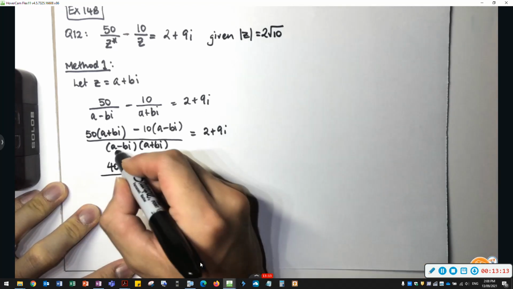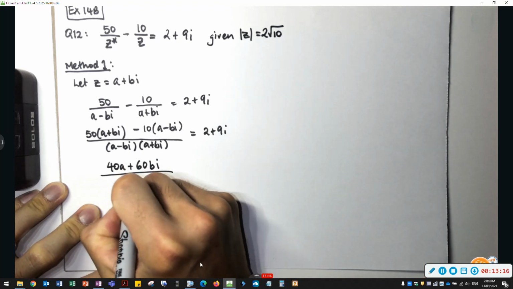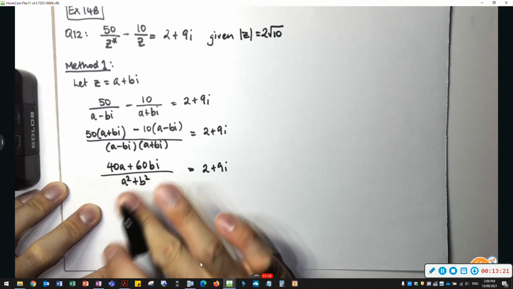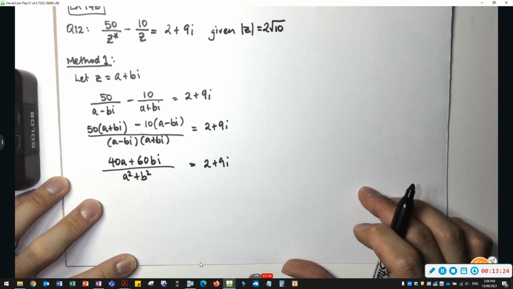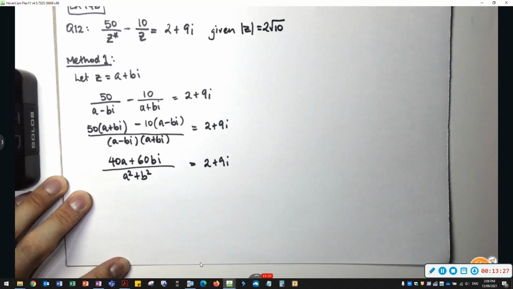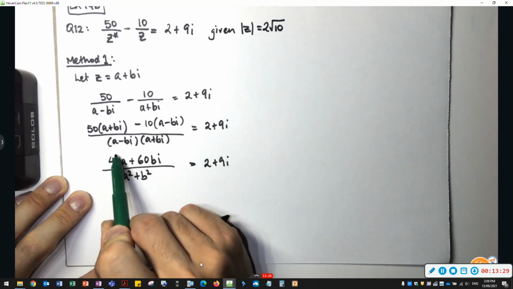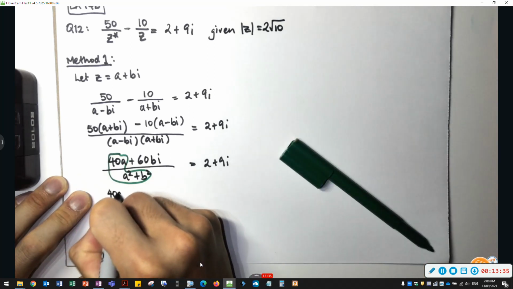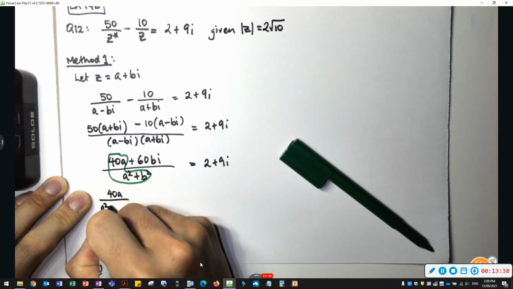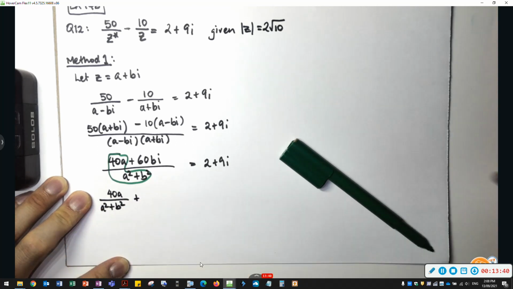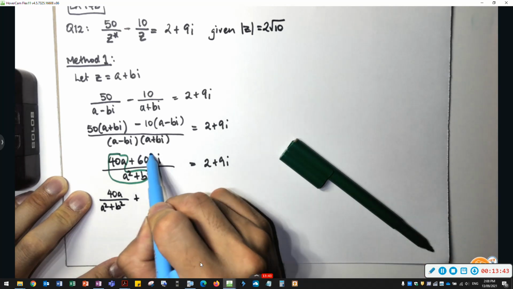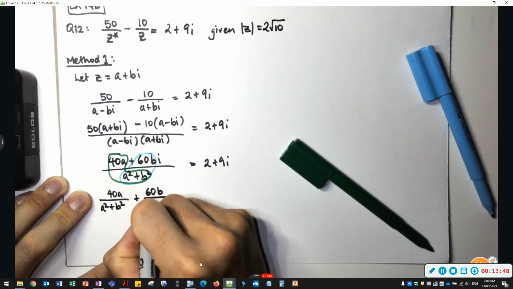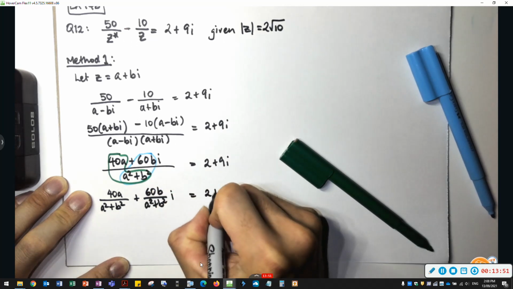The bottom part is going to be a squared plus b squared. 2 plus 9i. Now I'm going to deliberately split this into real and imaginary part so you can see it clearly. So the real part is 40a over a squared plus b squared, plus the imaginary part, which is 60b over a squared plus b squared i, equals 2 plus 9i.